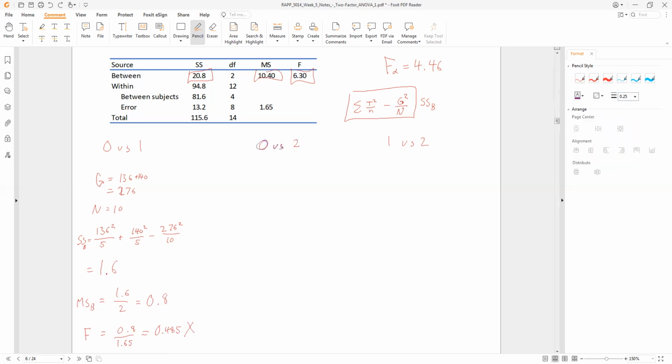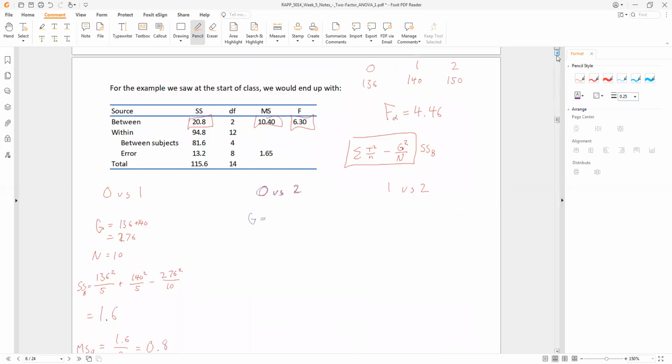0 versus 2, right? So we're going to get the grand total by adding these together, 0 and 2, 136 and 150 is equal to 286, and the n is still 10. So then my SSB is going to be 136 squared over 5 plus 150 squared over 5 minus 286 squared over 10.